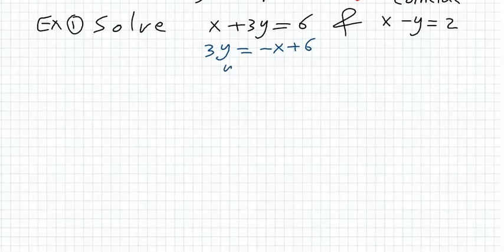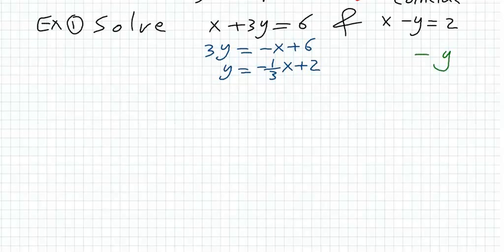You will have y is equal to minus 1 over 3 x plus 6 divided by 3 is 2. Do the same thing with the second equation. It's better to take y to the other side and get 2 to the left-hand side. So like this, we solved this equation for y.